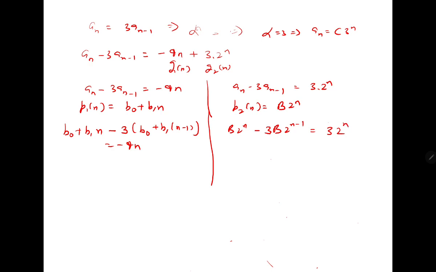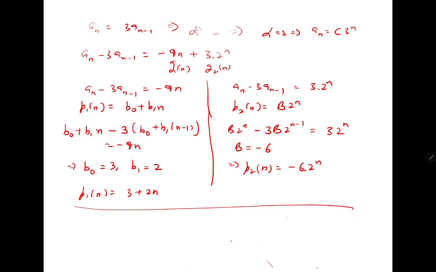If you solve it further, then it gives you b0 is equal to 3 and b1 is equal to 2, which means my p1n is 3 plus 2n. And here if you solve it, then capital B comes out to be minus 6. It means p2n is minus 6.2 raised to the power n.